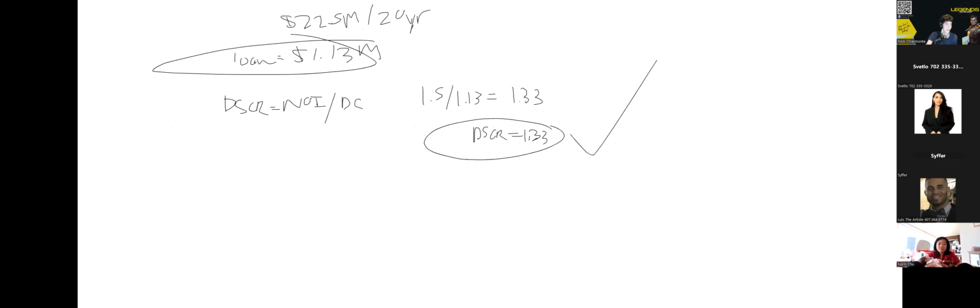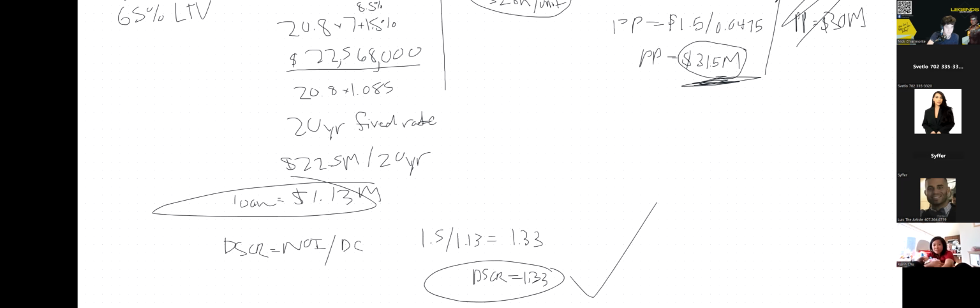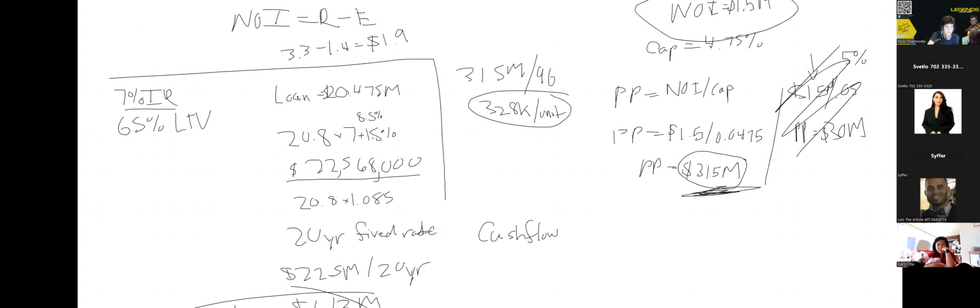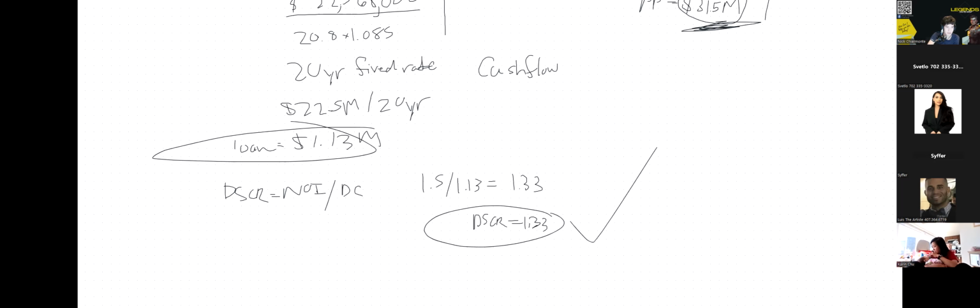So this is the amount of free cash flow, or the amount of money we can distribute after our debt, after expenses every year. So let's find our free cash flow. We'll just call it cash flow. We're going to do our NOI minus our debt, 1.13.